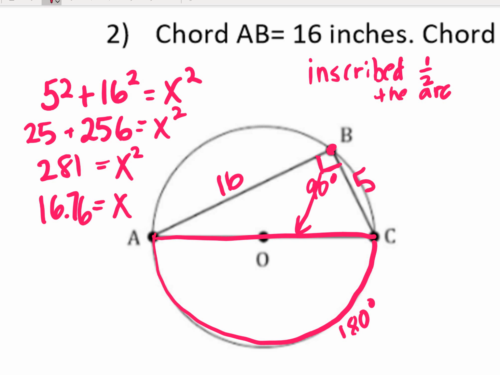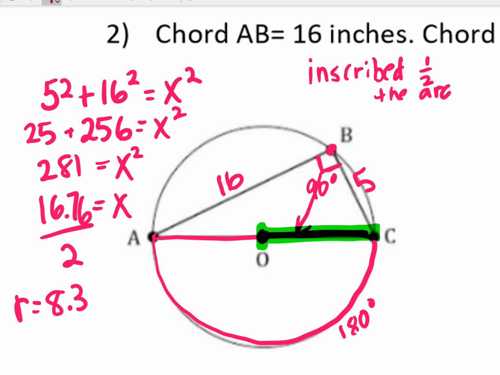And then what it's asking for, though, is the radius. So we know a radius is just from the center out. So this guy is the radius. So that's just going to be 1/2 of my diameter. So the radius is 1/2 of that, 8.38.